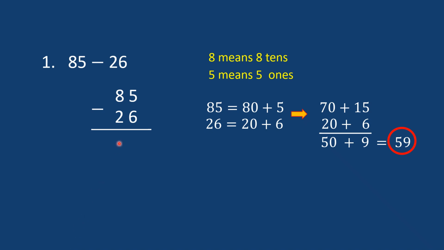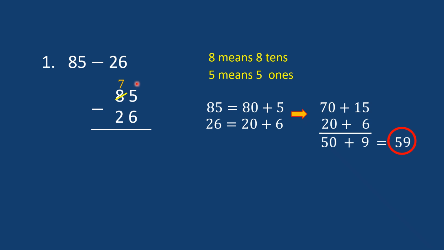Let's go back to the example. 5 minus 6. 5 is smaller than 6. So we must borrow 1 from 8. 8 becomes 7. When we borrow 1 from 8, we are actually borrowing 10 ones.